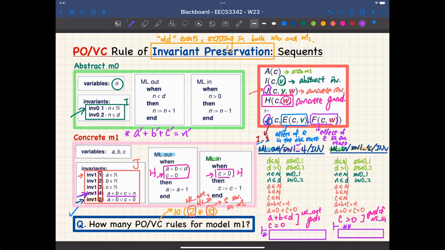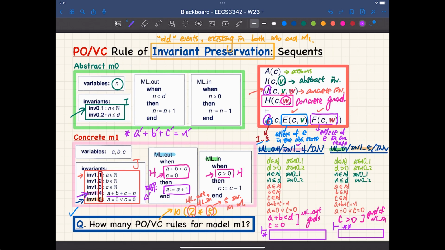And then this is where I just responded to Ryan earlier. This is where the E and F could be useful. These are the effects, like before-after predicates. So now what should we replace A prime by? We have to refer to the before-after predicate for ML out. Remember the before-after predicates for ML out. Let's write it down.